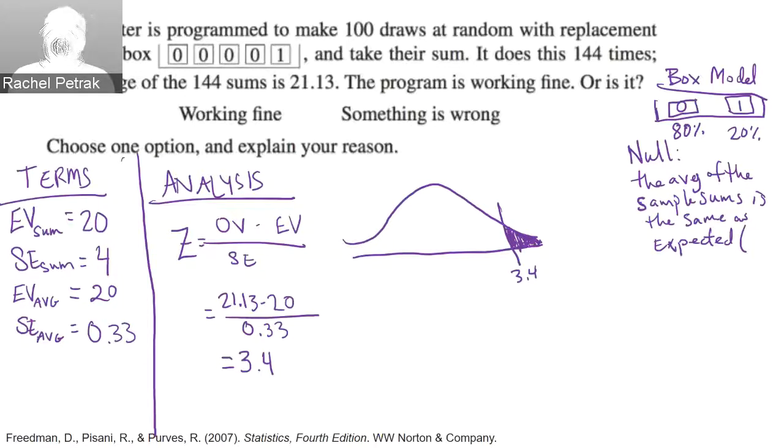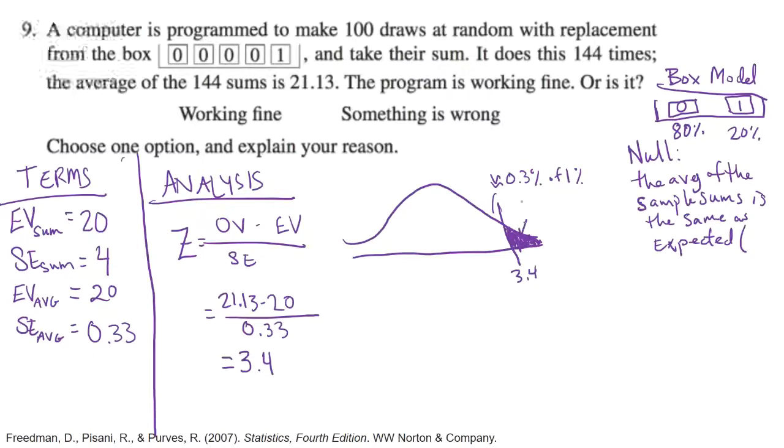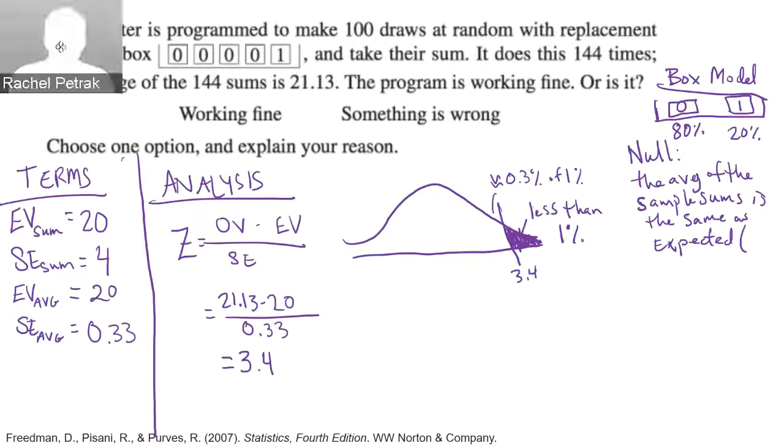But I remember from earlier that a z-score of 3, which is a less extreme score, had an approximate percentage of 0.3% of 1%, very small, beyond 3. So this is, again, a fraction of 1%. It's sufficient to say less than 1%.